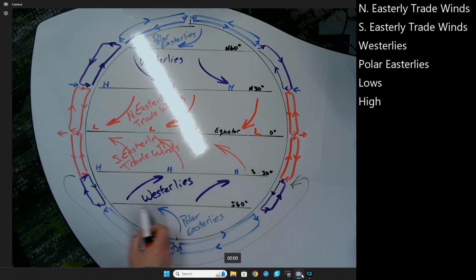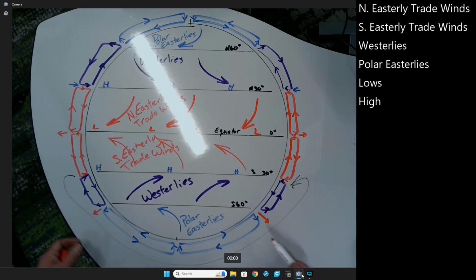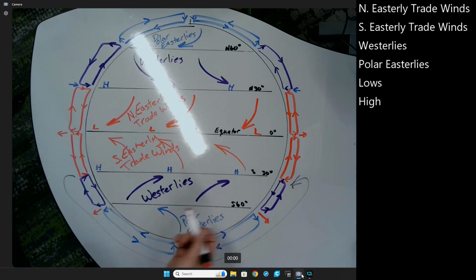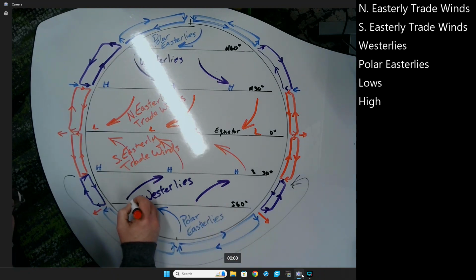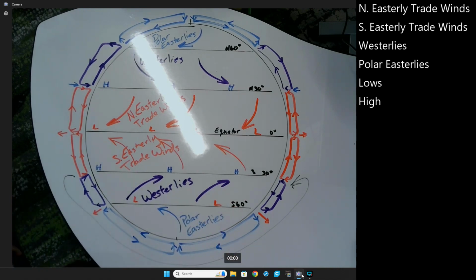Okay, let's look at the 60 degrees. At the 60 degrees, again, the atmosphere is lifting and going out. And because it's lifting, our pressure is going to be low.